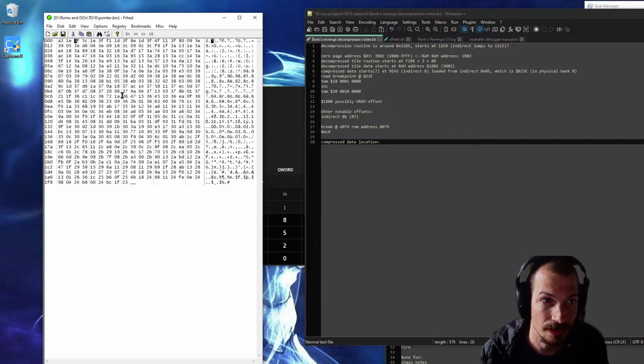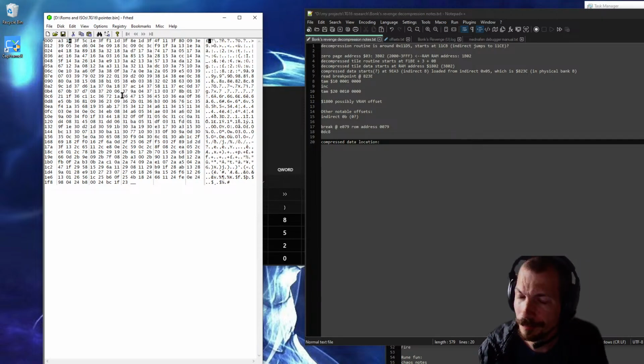First thing I forgot to mention is that for some weird reason, pointer tables are usually ascending, so you have location A, B, C, D, E, F. This is backwards. It starts from the highest location, the furthest location in the ROM, and goes backwards. See, this is bank 3F, and all the way down here is bank 23.